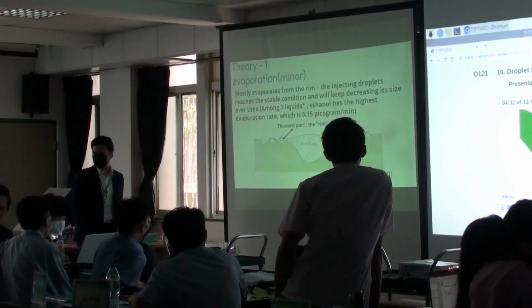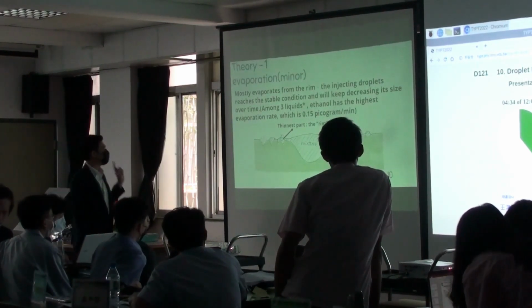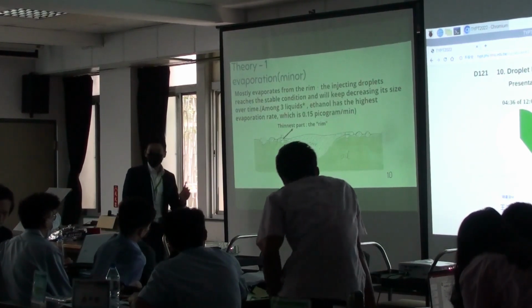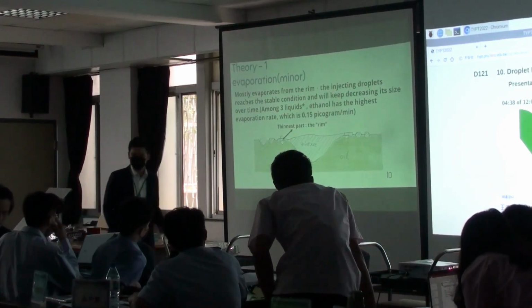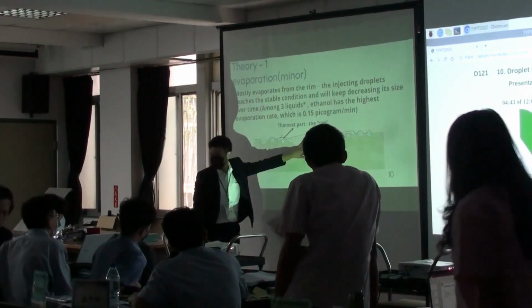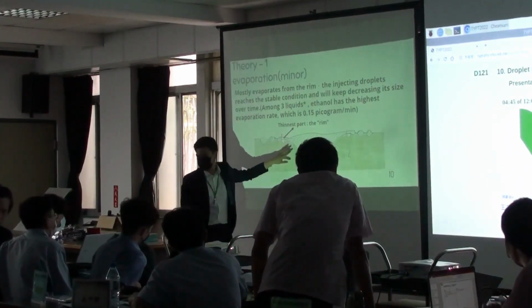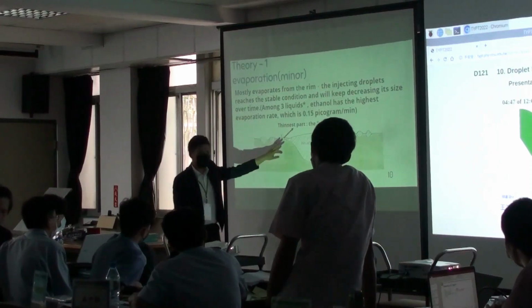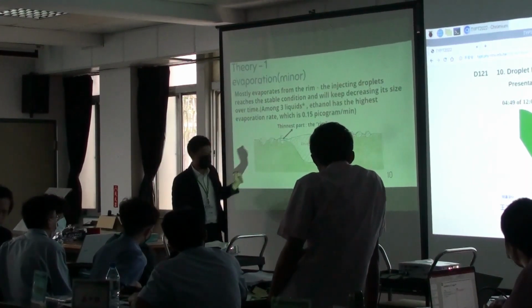So theory number 1, which is a model, this is the graphic version part. This part explains the creation of a droplet. If you look at this picture, the rim is represented by this big droplet, and at the edge of it, there are smaller, thinner layers.